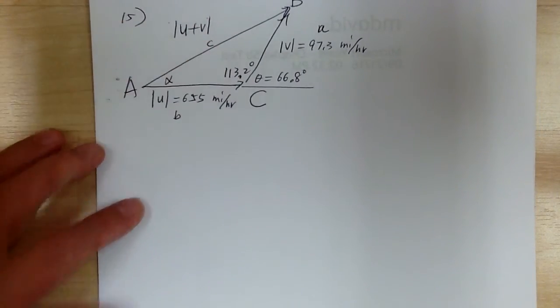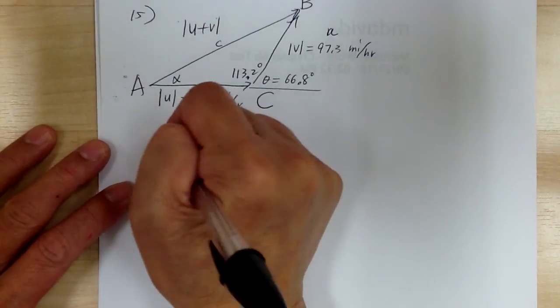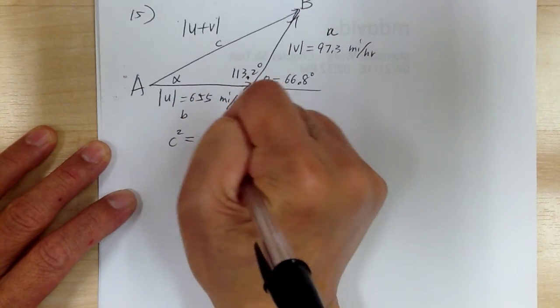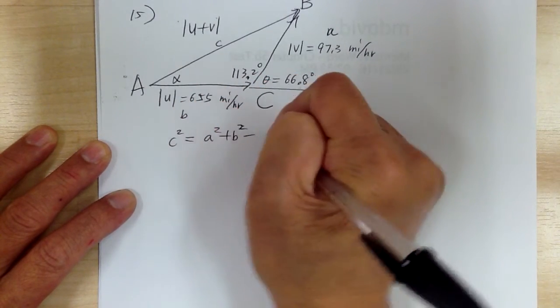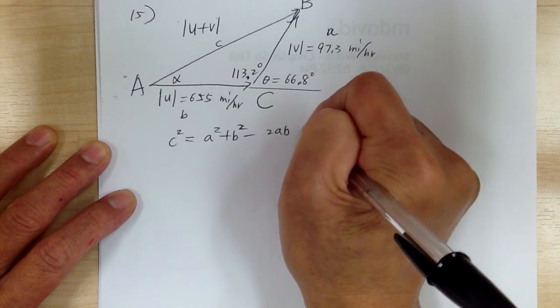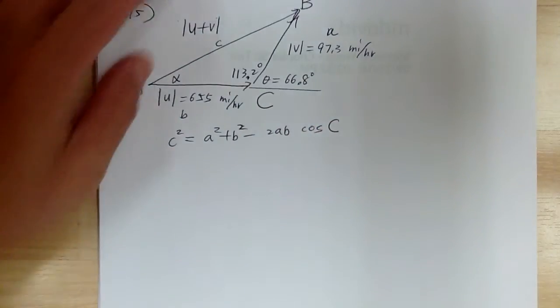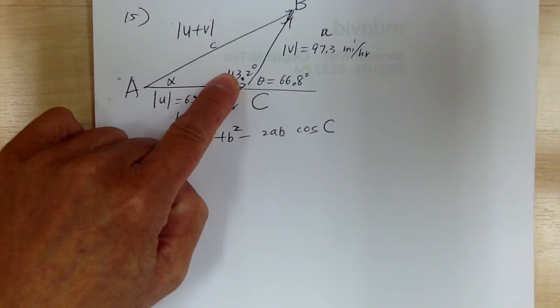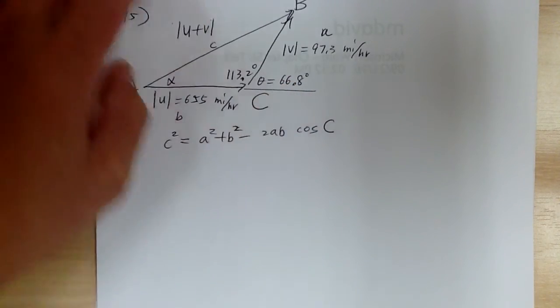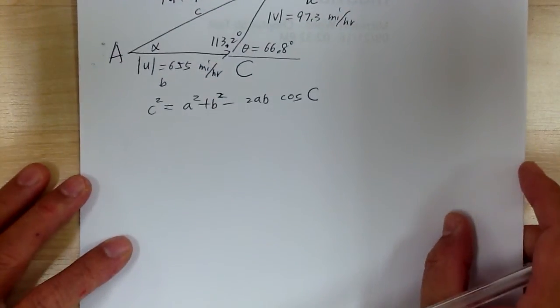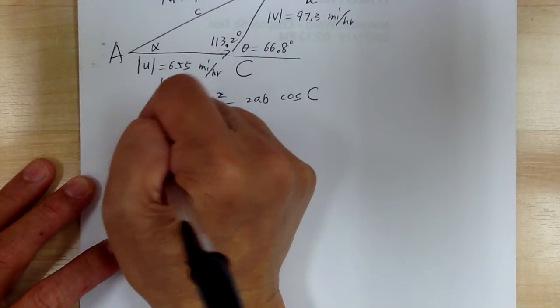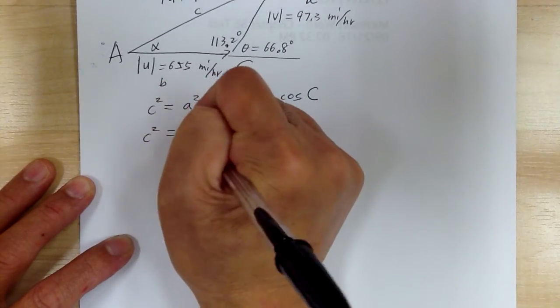So this is your small c. So write down your equation. You get c squared equal to a squared plus b squared minus 2ab cosine of c. So for cosine of c, you have to use this angle. Do not use this one. This is not the angle c. Okay. So next, go ahead and substitute the numbers. Go and work it out.